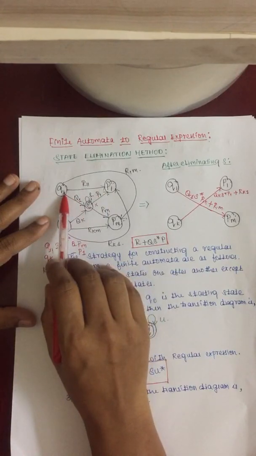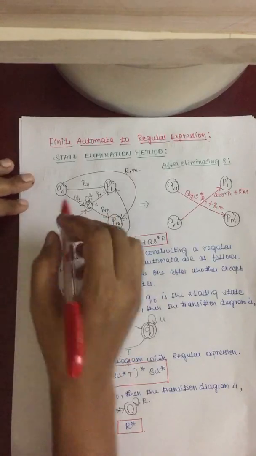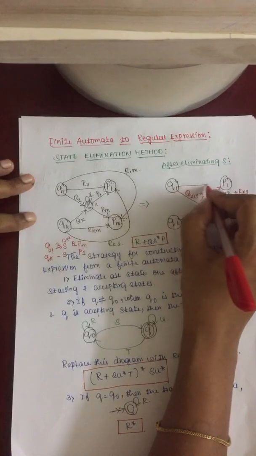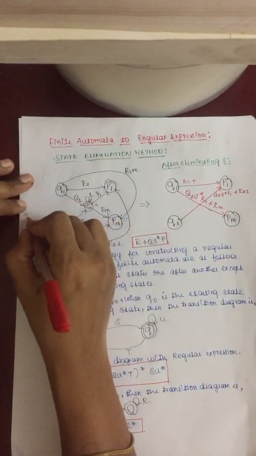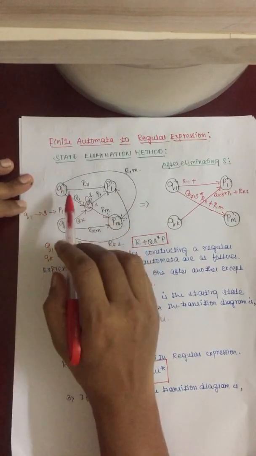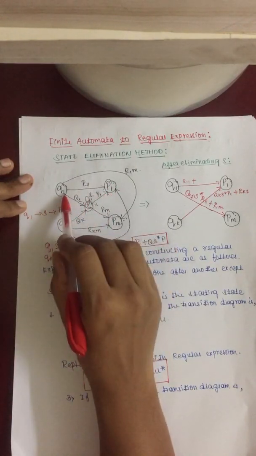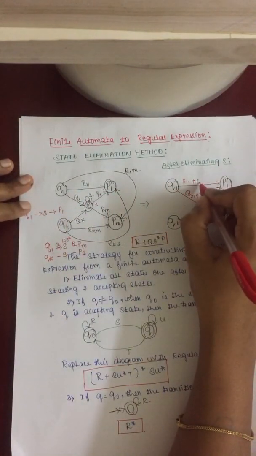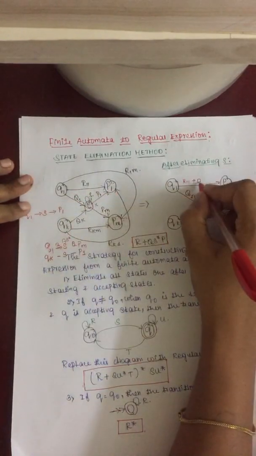To reach from Q1 to P1, this is one of the paths, with the help of R11. Another possibility is that S is acting as the intermediate state for Q1 and P1, so it can be written as R11 or Q1 S star P1.